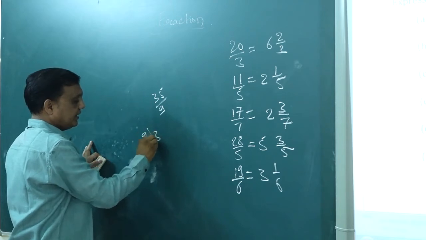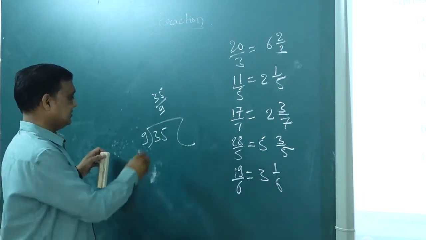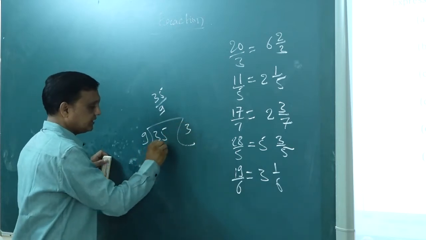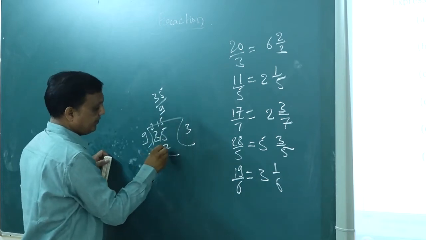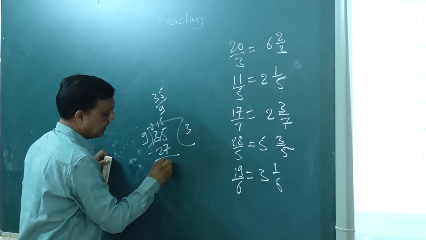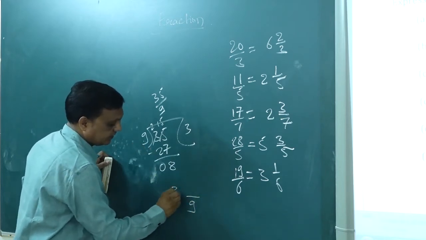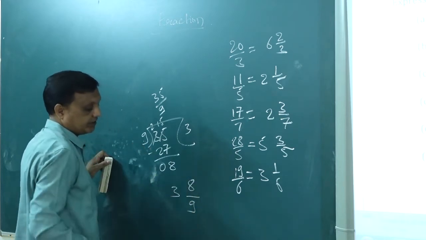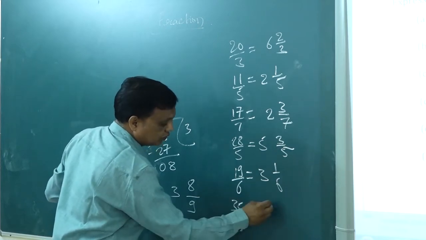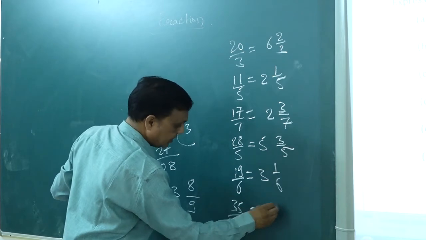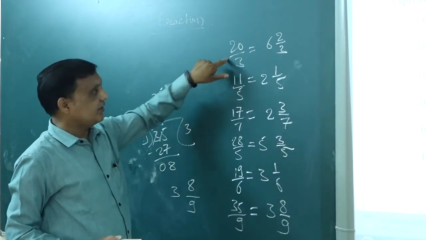So 9 and 35. 9 3s are 27. 35 minus 27, how much? 8. So 9 is the denominator, 3 the whole number and 8 the numerator. So 35 upon 9 is equal to 3, 8 upon 9.